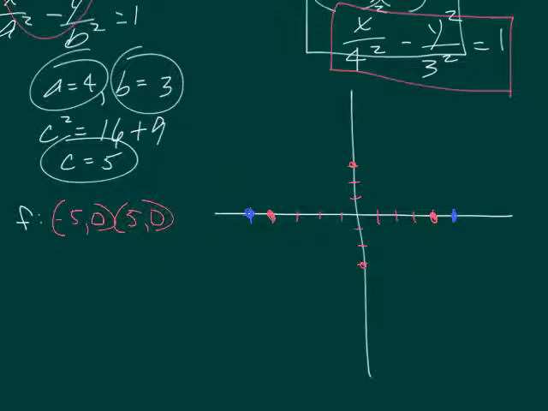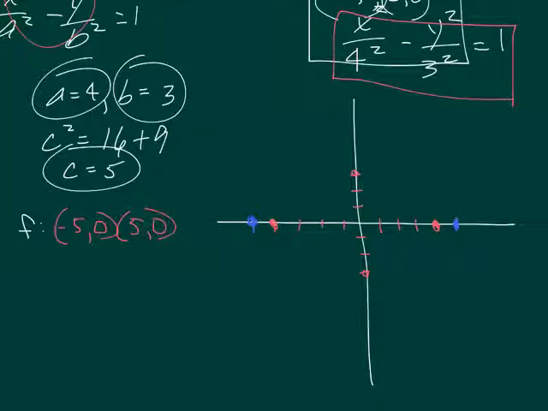So I'm going to go over again to 4. And what I'm going to do is draw a vertical line through 4, and a vertical line through the negative 4. So those are my places where 4 is. That's my vertex. That's this number right here, A. A is the distance from the center to the vertex on both sides of the center.